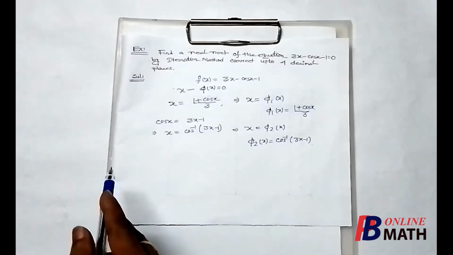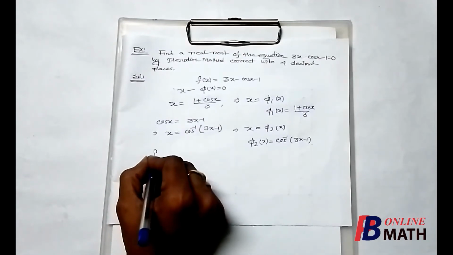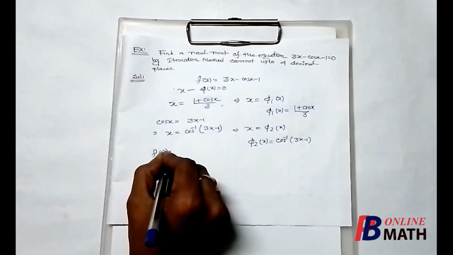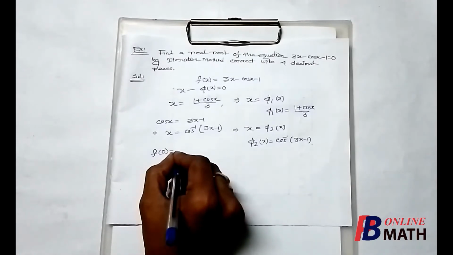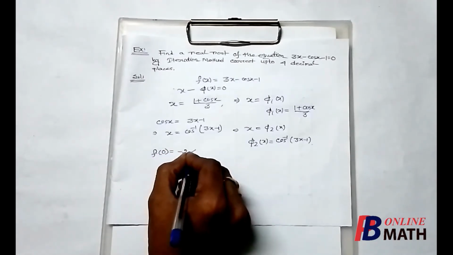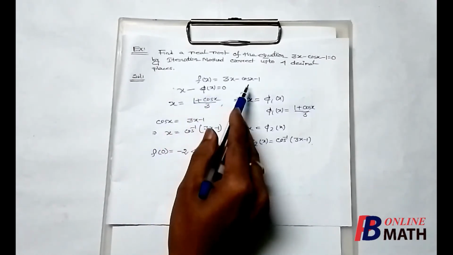So first we find an interval where a real root lies. For that, we find that f(0) equal to minus 2, which is less than 0. If we put x equal to 0 here, then it becomes minus 2.